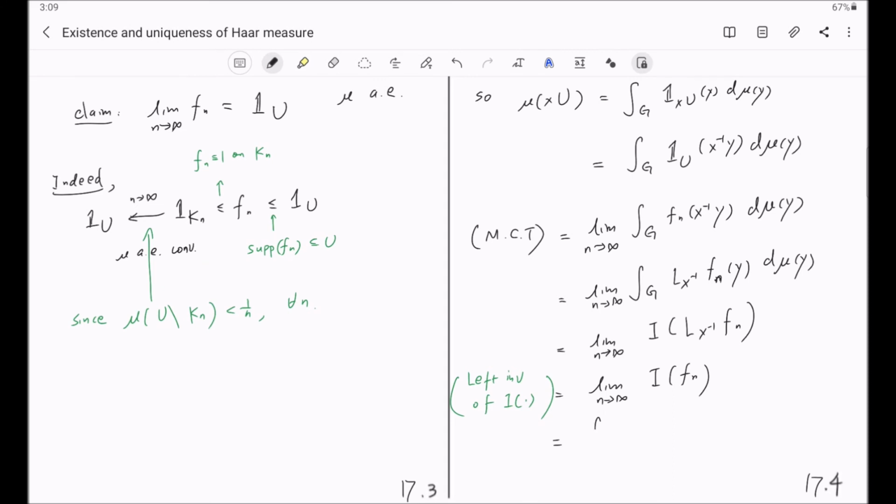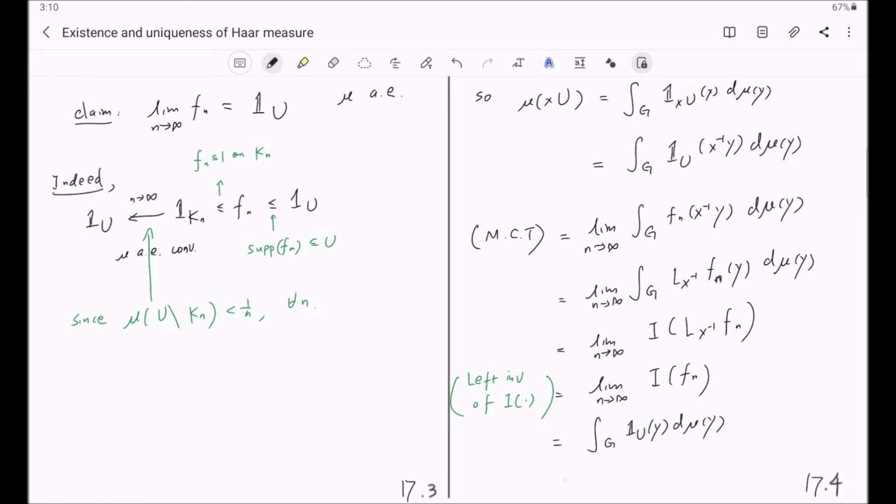And this last line will be, if you reverse all the procedures above, you can see easily that this is equal to the integration of the indicator function on U against mu, just by reversing the procedures above. Again, here is the monotone convergence theorem again.